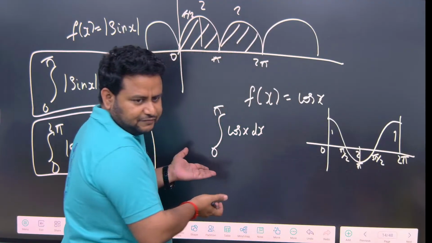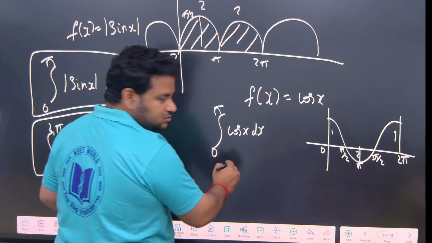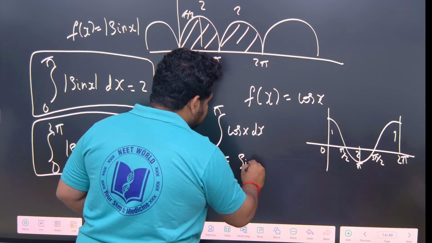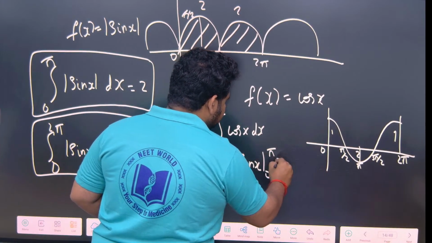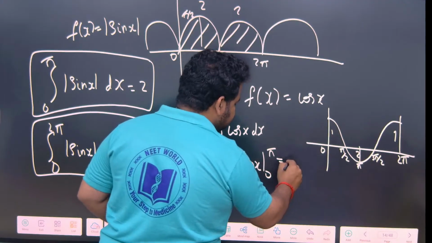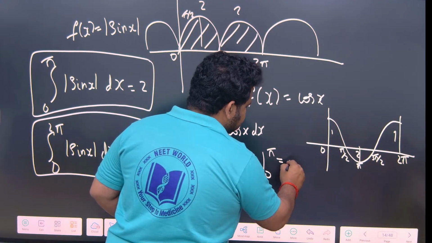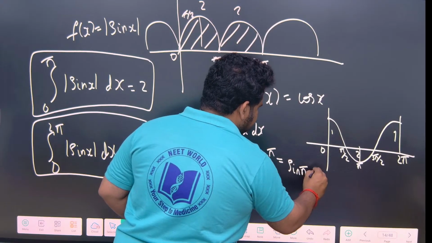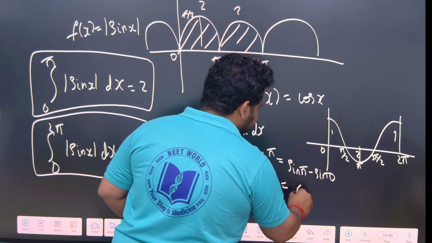Now 0 to pi: let us integrate and see what value we get. The integral of cos x is sin x, from 0 to pi. That is sin pi minus sin 0, and the answer is 0, since sin of any multiple of pi is 0.